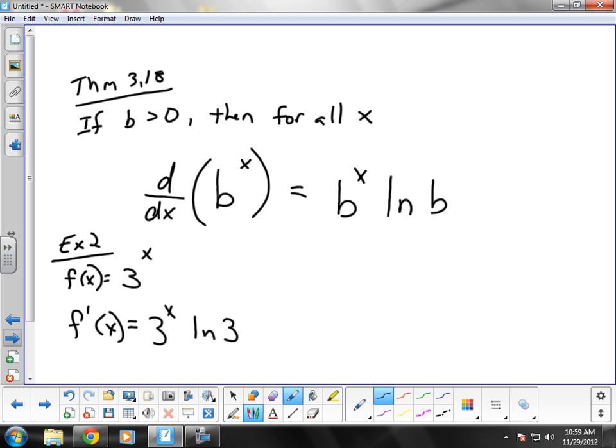Now on the next one, you have a little bit more, but it works pretty much the same way. They tell me that g of t is equal to 108 times 2 raised to the t over 12.